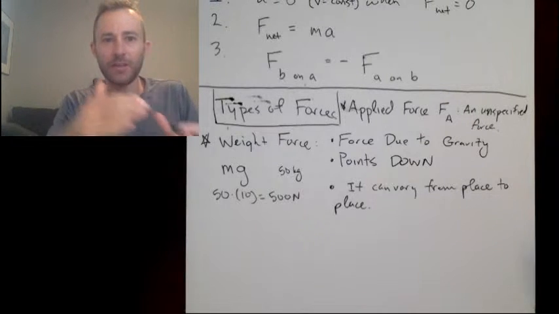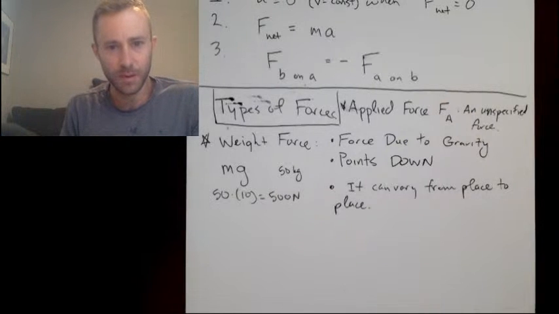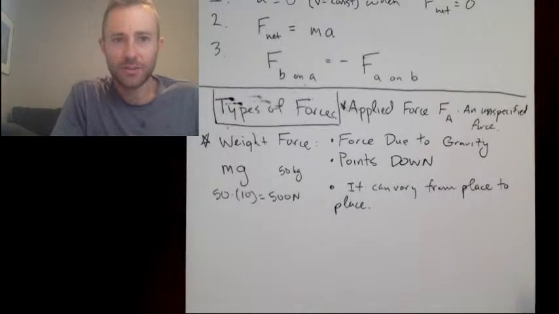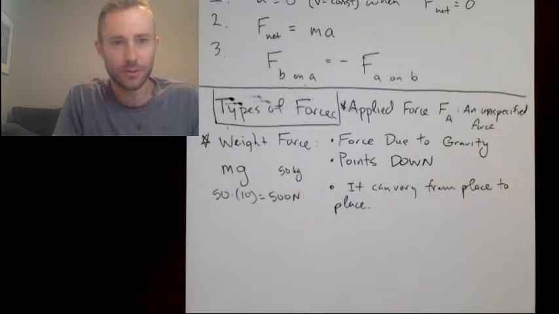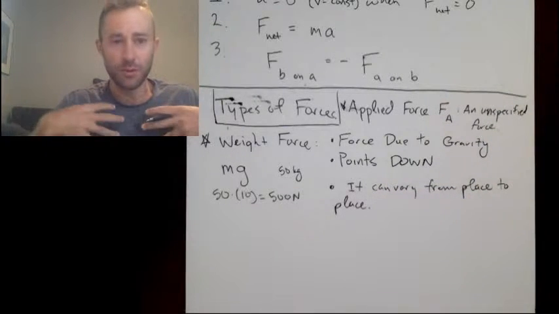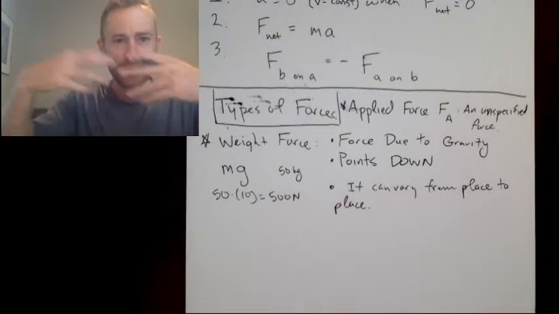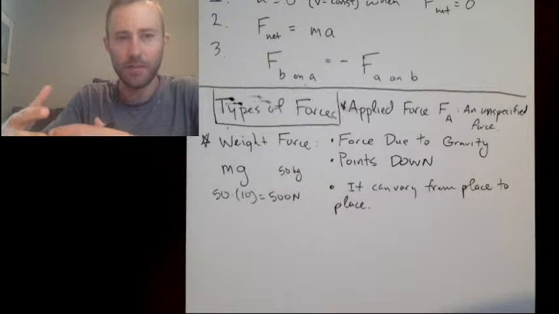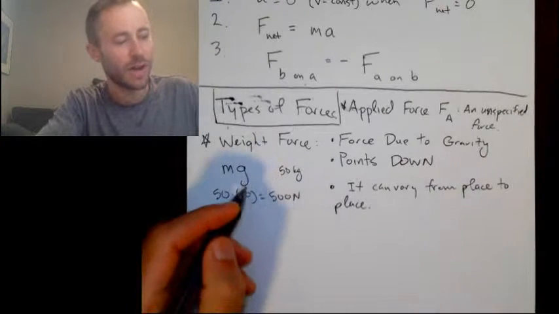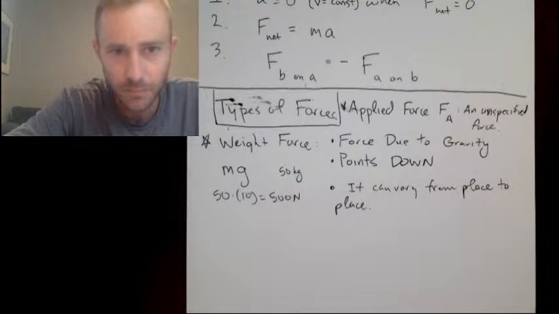So even though your mass didn't change, your weight did change. Okay? So mass and weight are two different things. Mass is a property of you. Your weight is a property of you at a certain location. Okay? Because the g value changes from place to place.